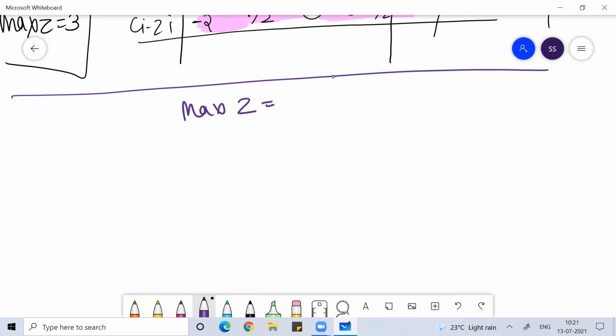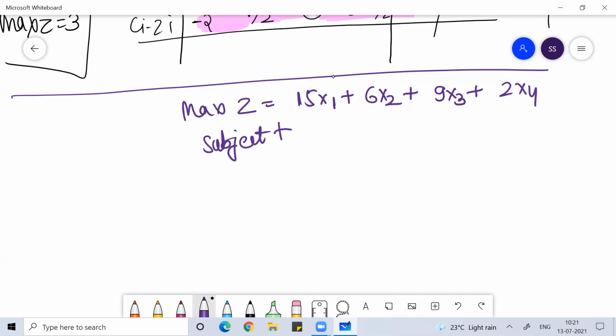The maximum of Z is equal to 15x1 plus 6x2 plus 9x3 plus 2x4, subject to constraints: x1 plus x2 plus 5x3 plus 6x4 is less than or equal to 20.